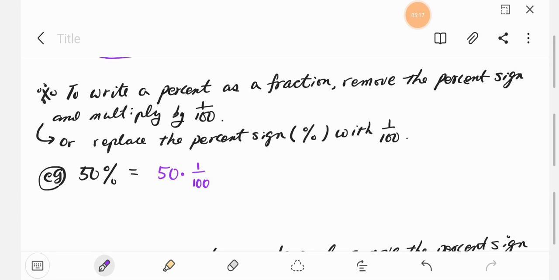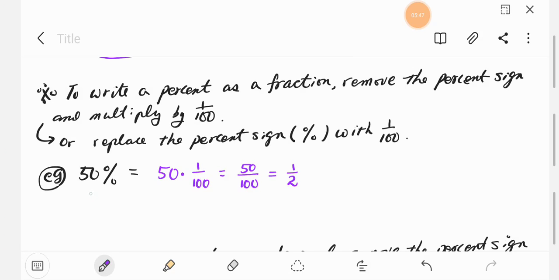Remove the percent sign and then multiply the number by 1 over 100. So that is equal to 50 over 100, which, when you reduce it, becomes 1 over 2. This is a fraction. So we just converted a percent to a fraction. Remove the percent and multiply the number by 1 over 100.